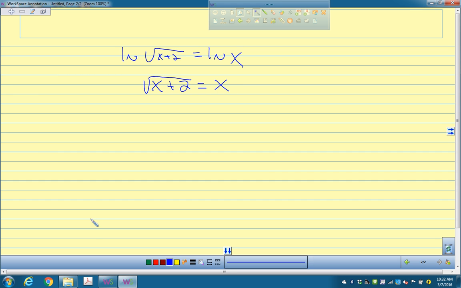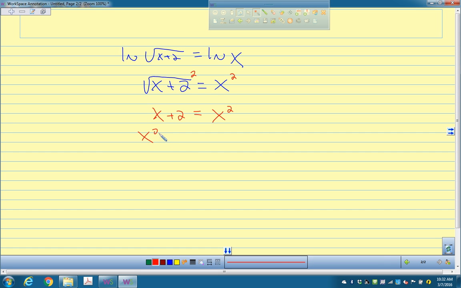But you have to be really careful on this with the domain, because for natural log, the numbers in there have to be greater than 0. So how do I solve this algebraically? What do I do to both sides? Square both sides, make that go away. I get x plus 2 equals x squared, and then I have to get everything on one side.